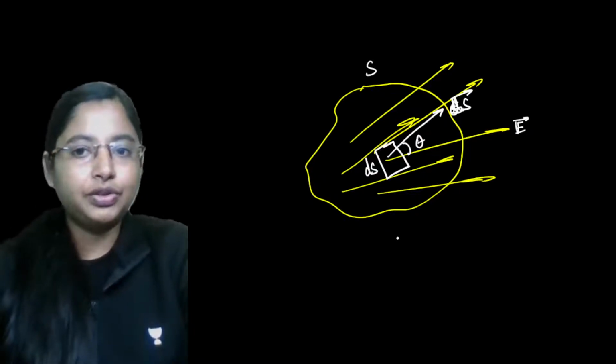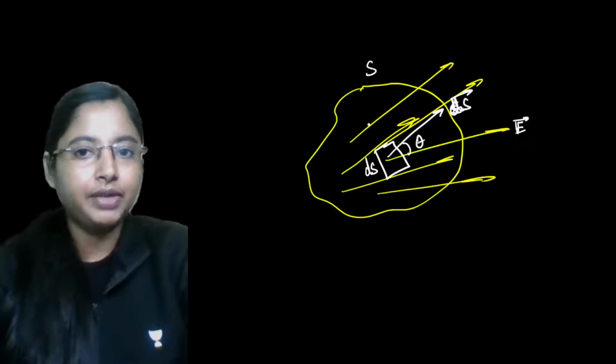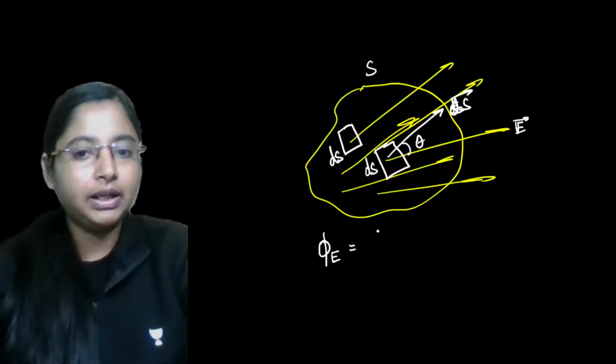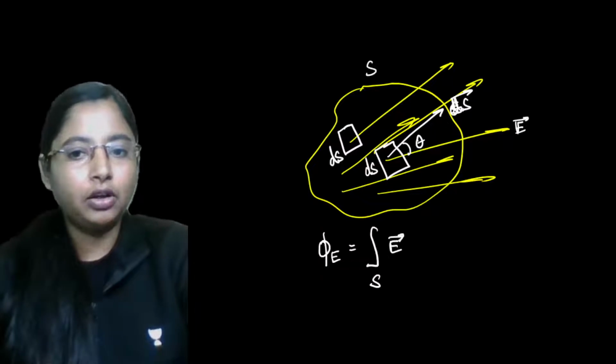Now, if for this entire surface you take each small element ds, and find the angle between the area vector and the electric field, then the total flux through the surface will be nothing but the integral over this closed surface S of E dot ds.